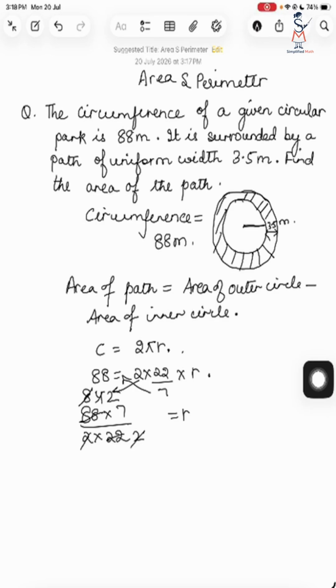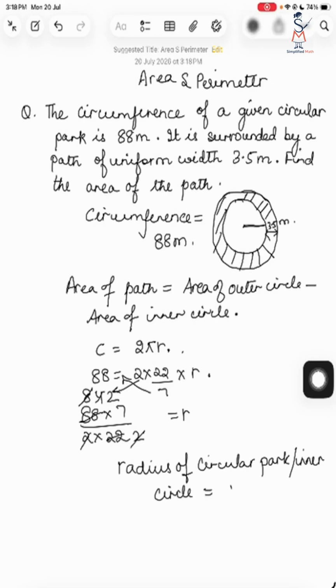So what is the radius of the circular park, or inner circle? The radius is 14 meter.